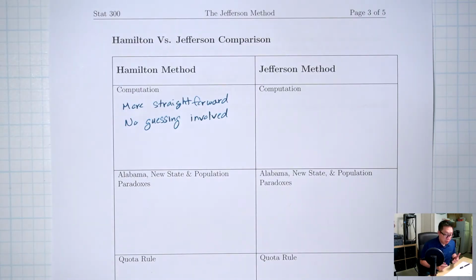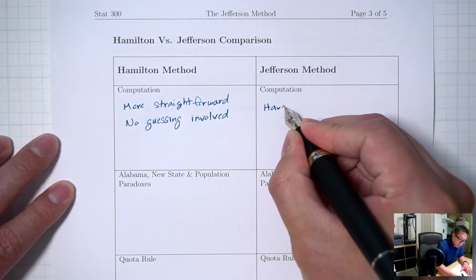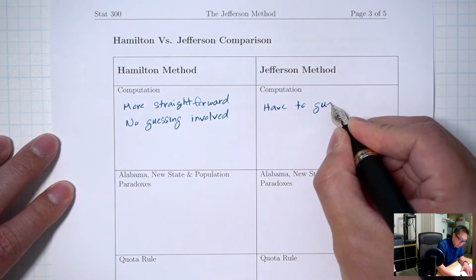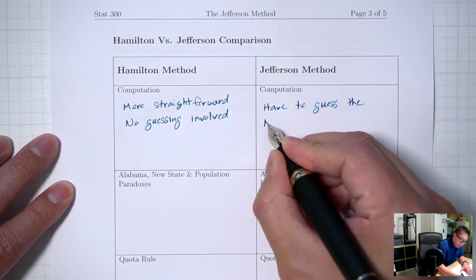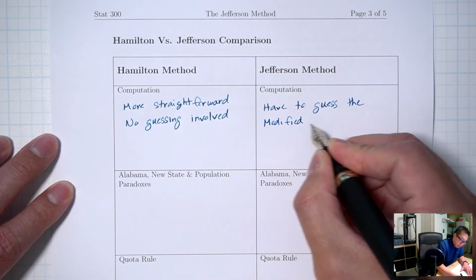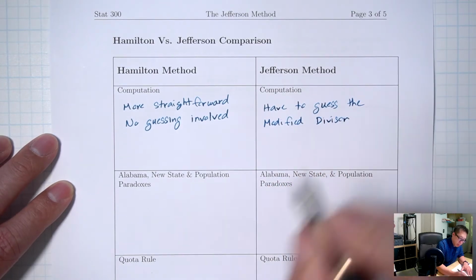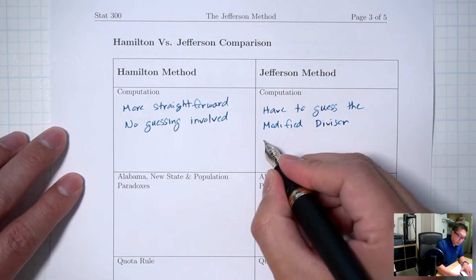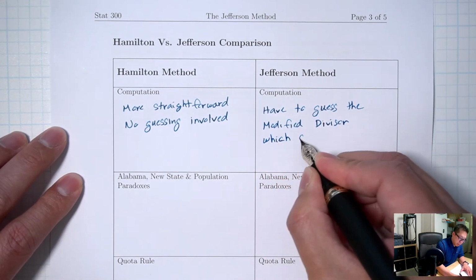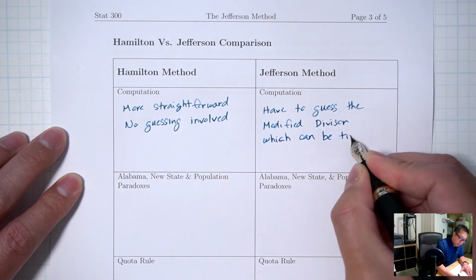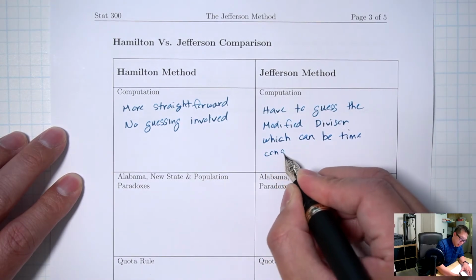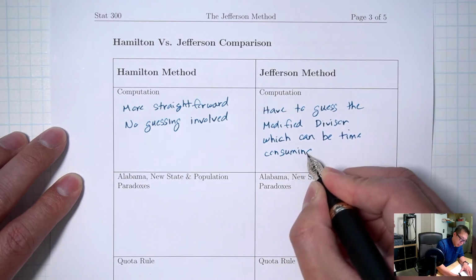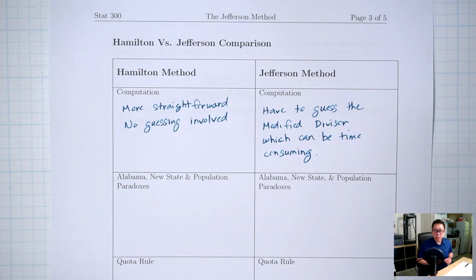The Jefferson method does involve guesswork, so you have to guess the modified divisor, which can be time consuming. For the questions I give you in this class, you're always going to find the correct modified divisor in 2 tries because I'm giving you that first guess.